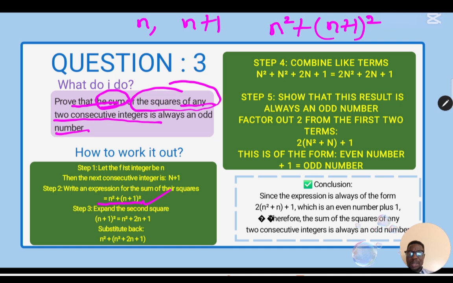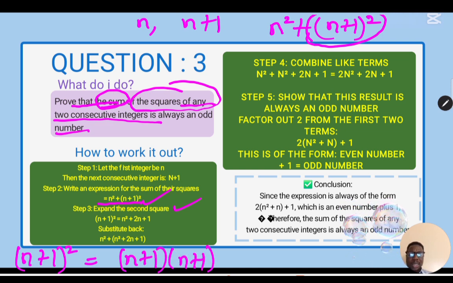Now, what's the next thing? Step 3 says expand the second square. How do we expand it? We have to expand n plus 1 squared, which is n plus 1 into bracket n plus 1.